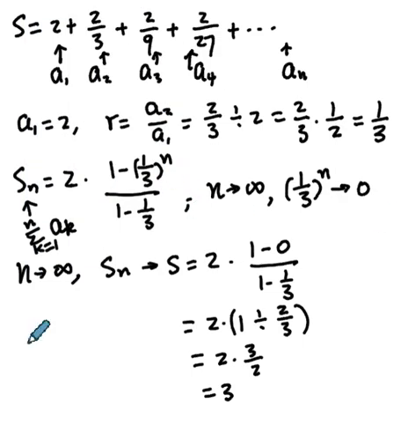And then we know as n goes to infinity, S sub n will go to S, because as you let n go to infinity, you get more and more terms in the sum, and then this one will be 0. So then you have 2 times 1 minus 0, divided by 1 minus 1/3.